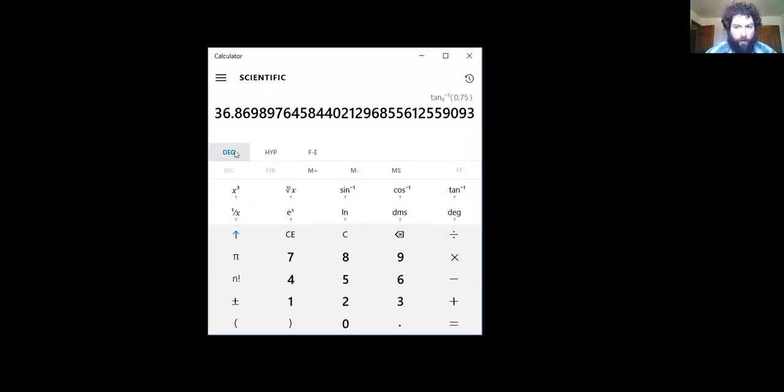You have to make sure that's on degrees. If that's in radians, it would be something different. I'll show you what that would be in radians: 3 divided by 4, so that's what it is in radians. But we're going to use degrees.